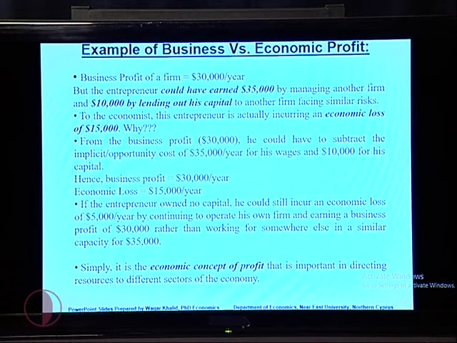But the entrepreneur could have earned $35,000 by managing another firm.